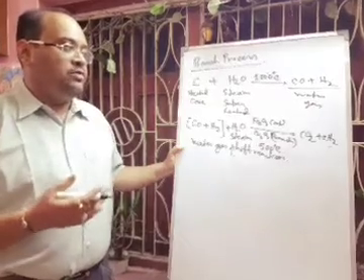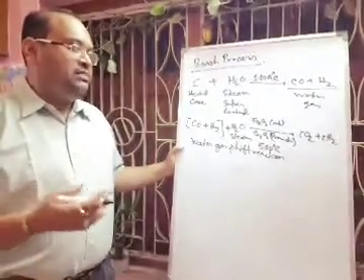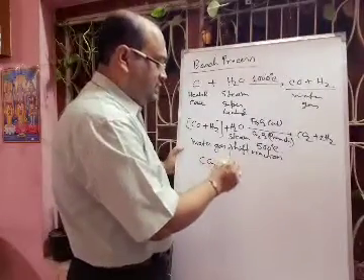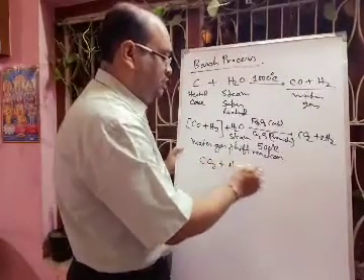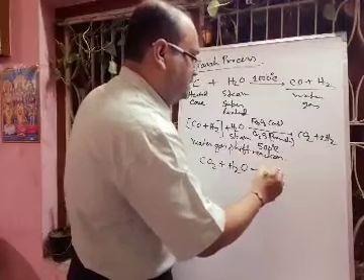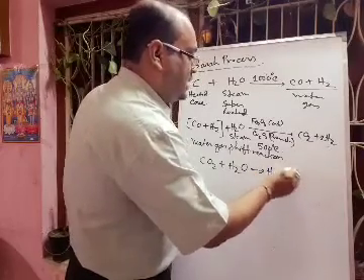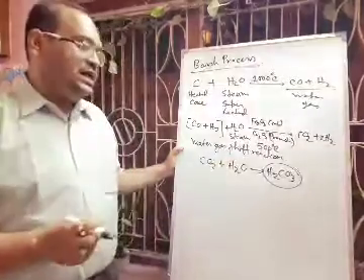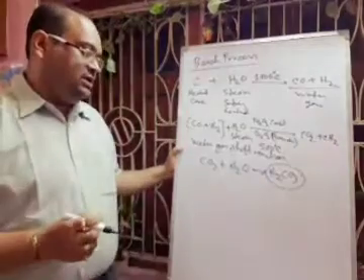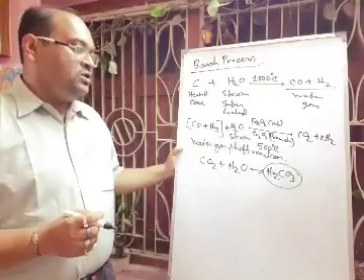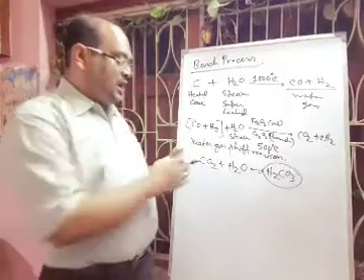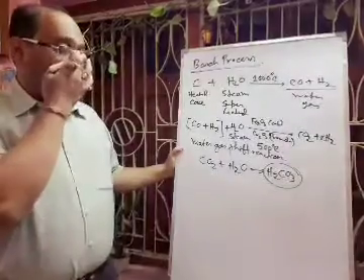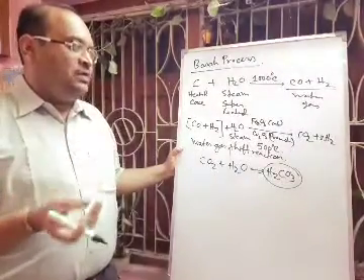All of you know that at very low temperature and high pressure, carbon dioxide reacts with water, forming an acid called carbonic acid. This carbonic acid is highly unstable; it is stable at high pressure and low temperature. In this way carbon dioxide will be eliminated from this mixture.